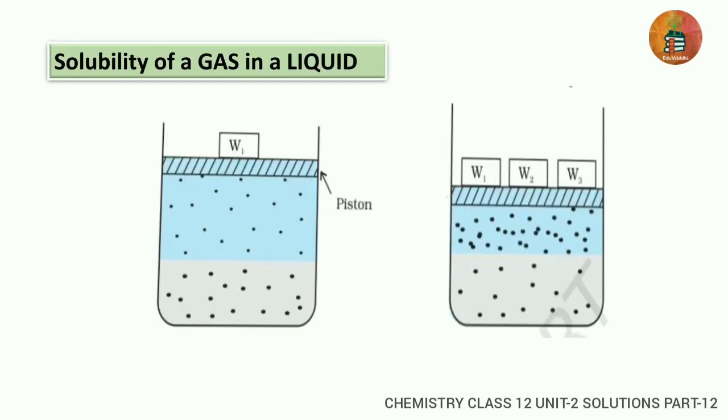In the previous diagram, according to Henry's law, the temperature should be kept constant, and the solubility of any gas in a solution or liquid is directly proportional to the partial pressure of the gas present above that solution.